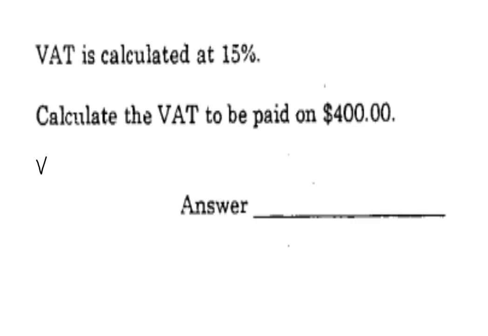Since we know that VAT is charged at 15%, if we want to get the VAT to be paid, we have to find 15% of 400.